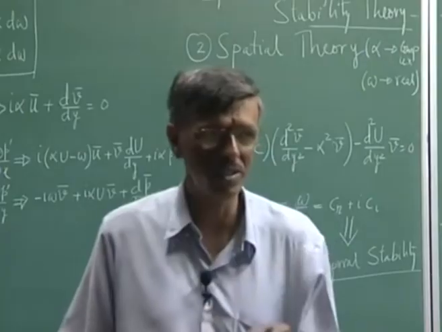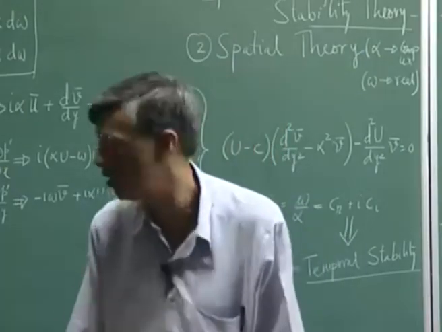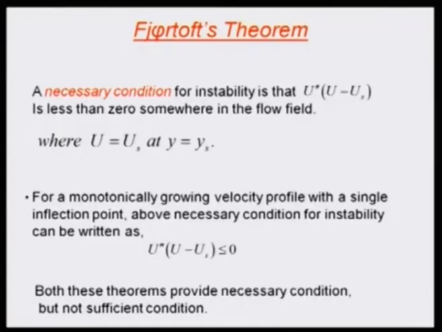See, at the inflection point the second derivative is 0, but velocity is non-zero, of course. That is what we are calling u s. How is this condition obtained? Well, we can do a little investigation and find out how Fjortoft's condition comes about.